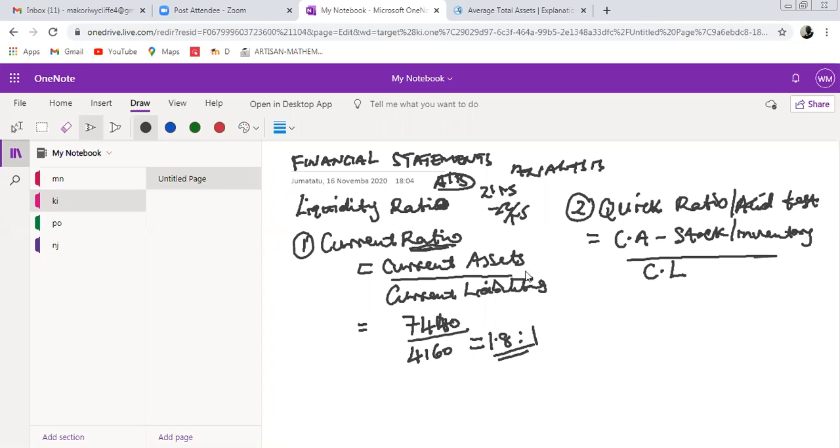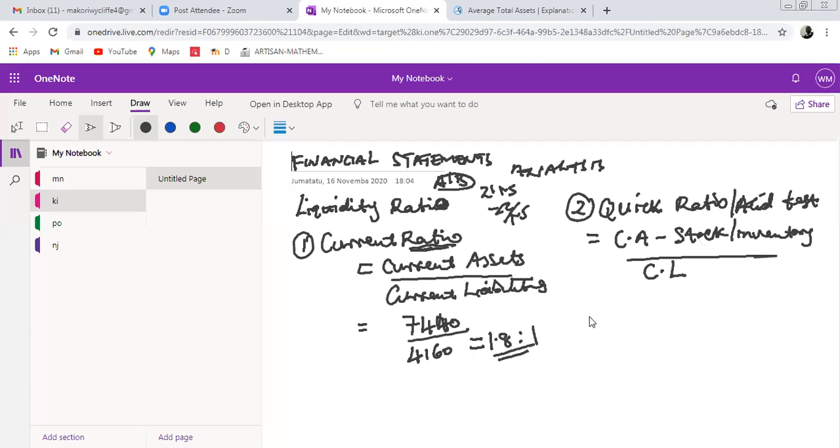But people argue that some stock items can be in the business for more than one financial year, and if so, this inventory should not be considered a current asset. So we get the current assets, then we minus the portion of inventory, so that we remain with those current assets which are easily converted into cash, and then we divide by the current liabilities.